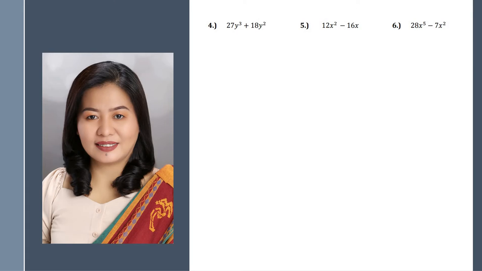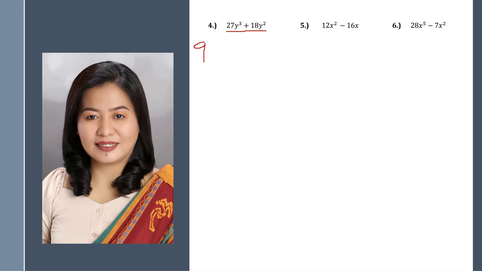Fourth number. So we go back. I'll use again a red pen. So we now find the greatest common factor of 27y cubed and 18y squared. So we start with the numerical coefficients 27 and 18. So that would be 9. So 9 is the common factor.